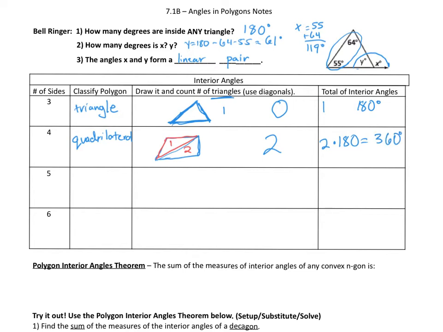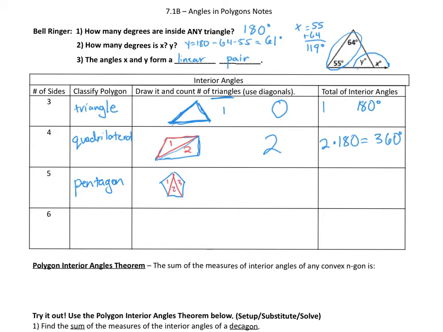Okay, so the next one is pentagon. And a pentagon has 5 sides. And we're going to use diagonals to cut this up into triangles. So here's a triangle. So here's 1. Here's another triangle.